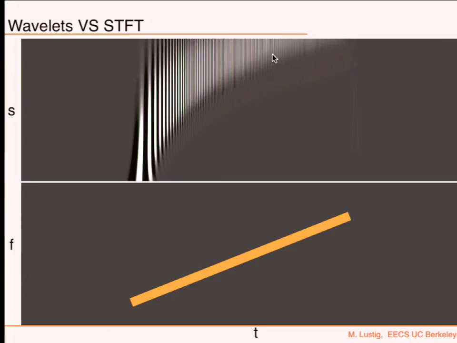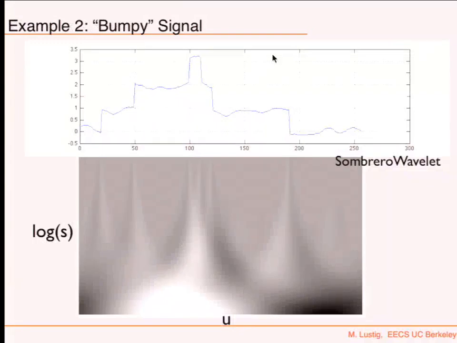So here's an interesting signal. Okay? This is, again, a Mexican hat. This is the signal that I have. It's constructed out of bumps and small low-frequency changes. Okay? So there's jumps, which have high-frequency components, right?